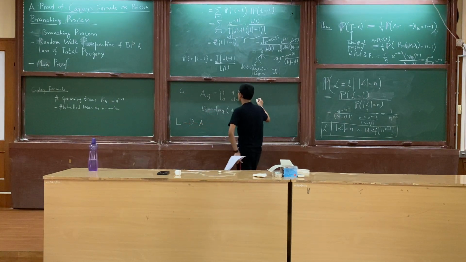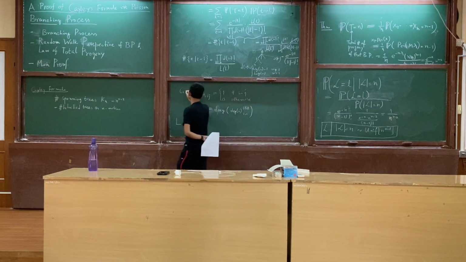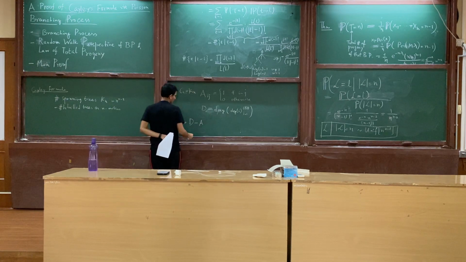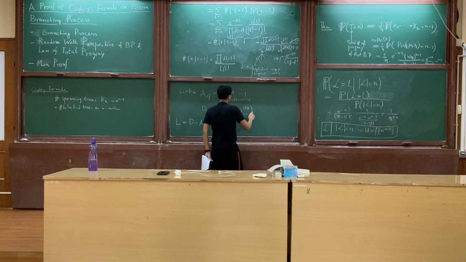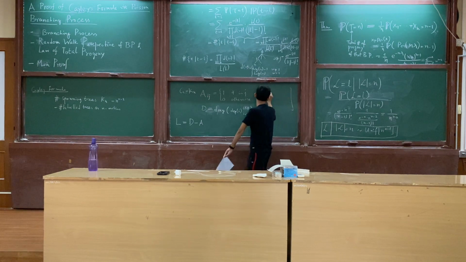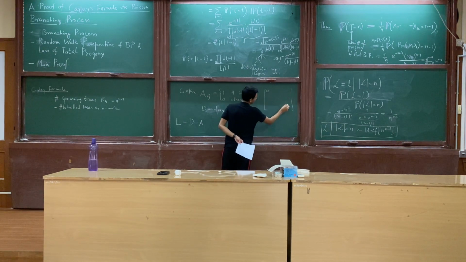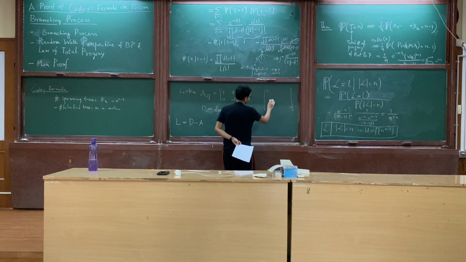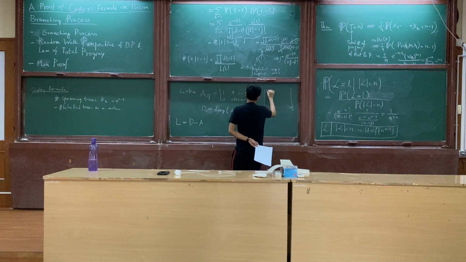Now, if G is a complete graph, what does this A become? Every vertex is connected to every other vertex. So this matrix has zeros in the diagonal because of course no vertex is connected to itself, and 1 in the rest of the part.